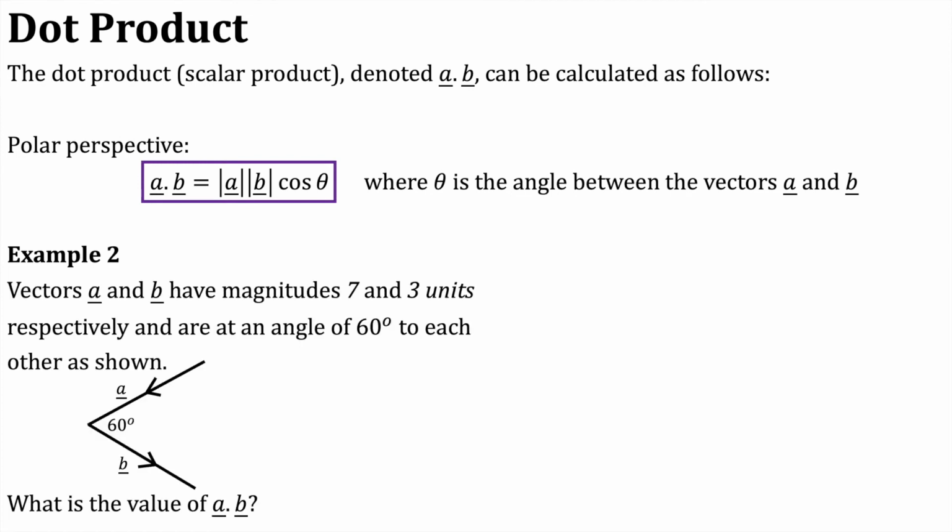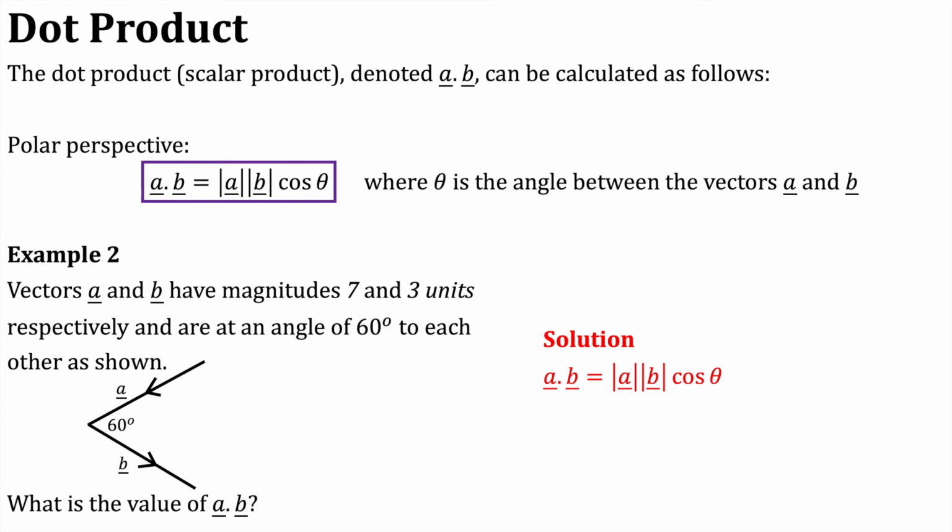Welcome back, folks. So the second example, very similar to the first one, with a subtle difference here. Vectors A and B have magnitudes 7 and 3 units respectively and are at an angle of 60 degrees to each other as shown. What is the value of A dot B? So we know that our formula is the magnitude of A multiplied by the magnitude of B multiplied by the cosine of the angle between the two vectors.